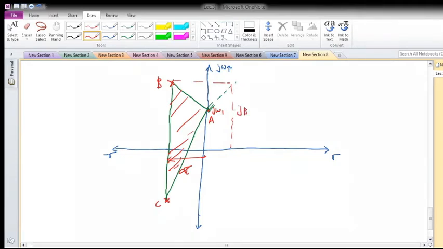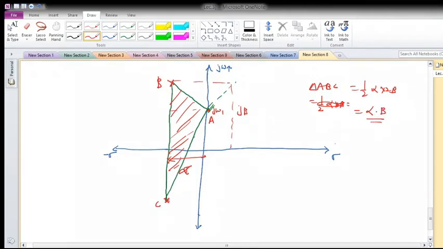Now what is the area of this triangle? Let me find out the area of triangle ABC. The area of the shaded triangle will be half into height, which is alpha, into base, which is this into this, so it will be 2 times beta. So triangle ABC is half into alpha into 2 beta, so the area of triangle ABC is alpha into beta.